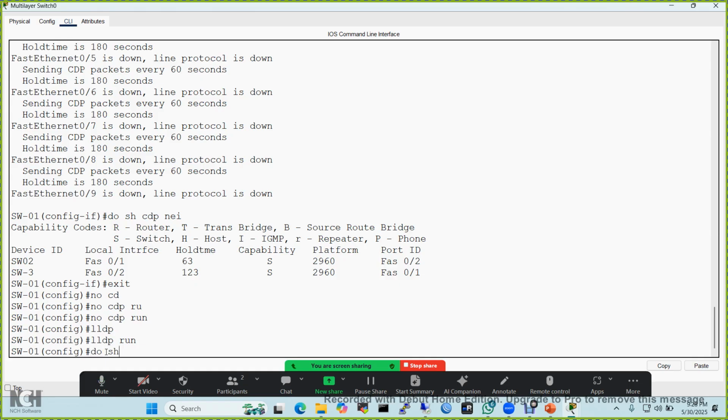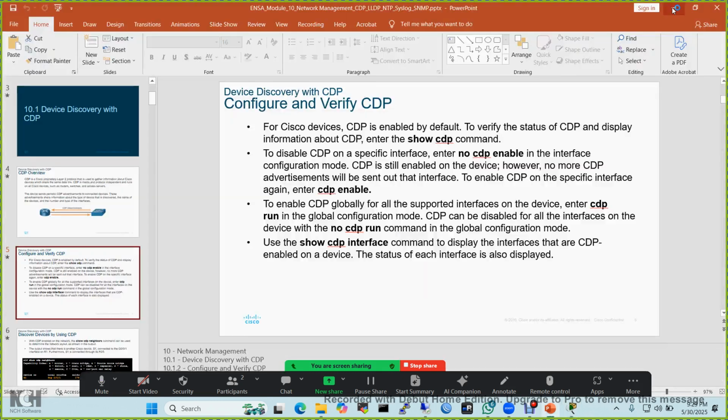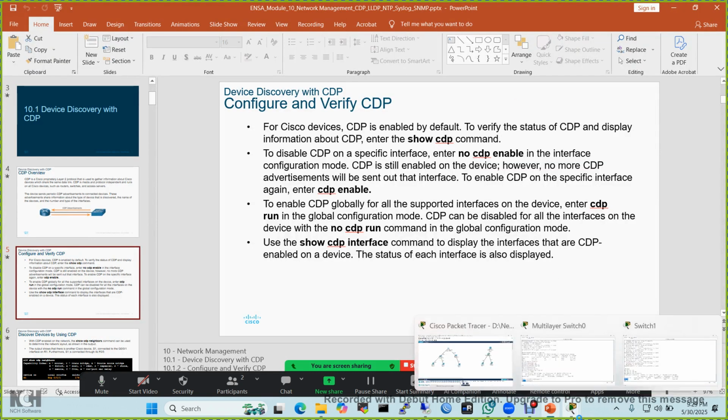Do show LLDP neighbors, like the previous command, just replacing the word CDP with LLDP. There is no neighbor yet. Why? Since I am in switch 1, I have enabled LLDP here, and all other switches are disabled for LLDP.